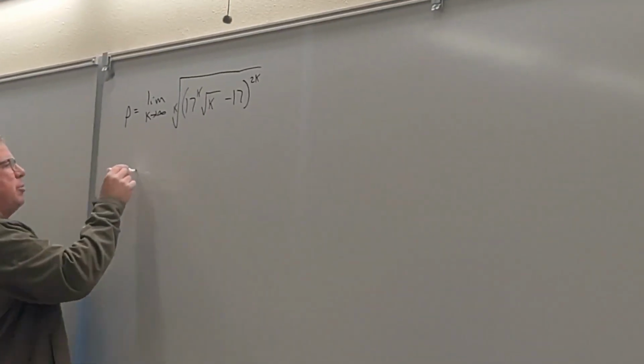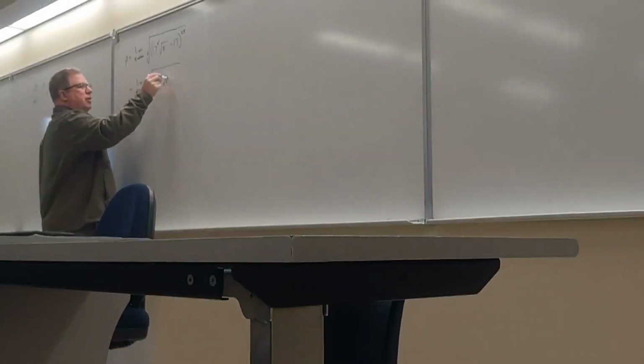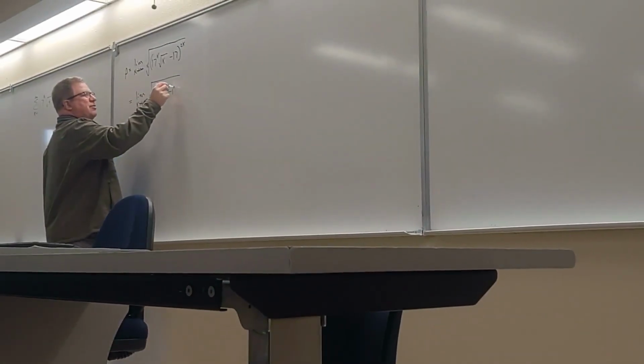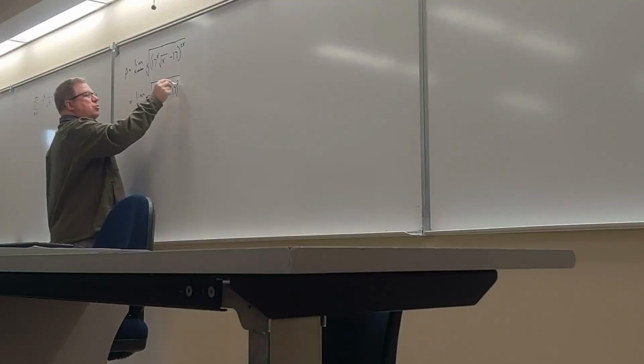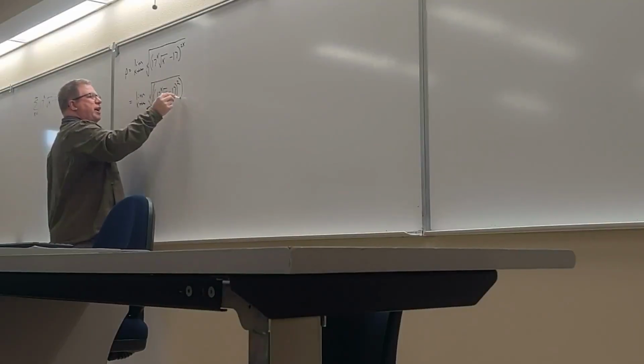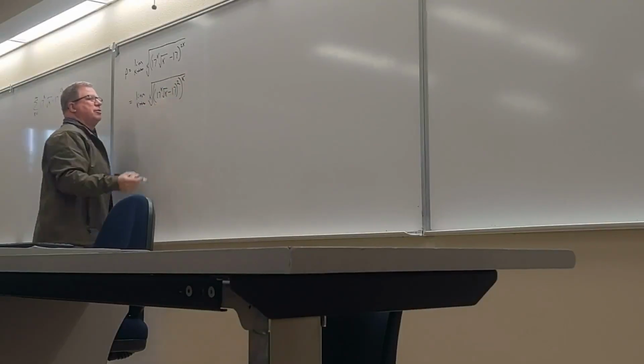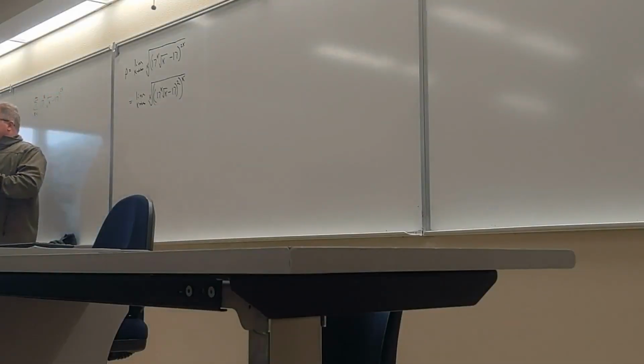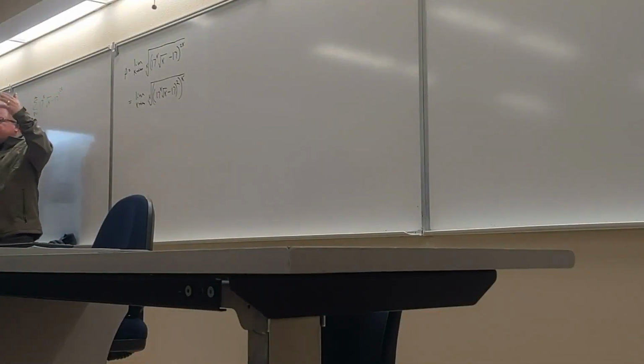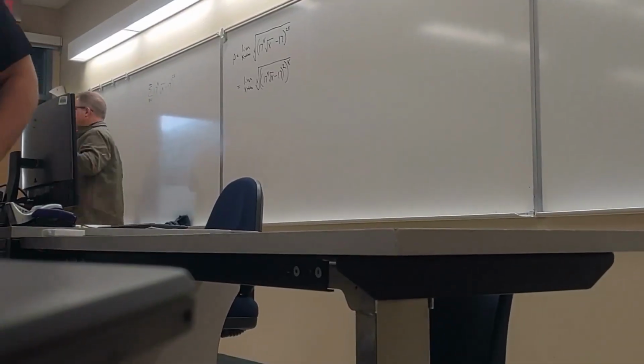So this could be written as the kth root of 17 to the k, square root k, minus 17 squared, and then all that to the k. Because when we have an exponent raised to an exponent, we multiply them.